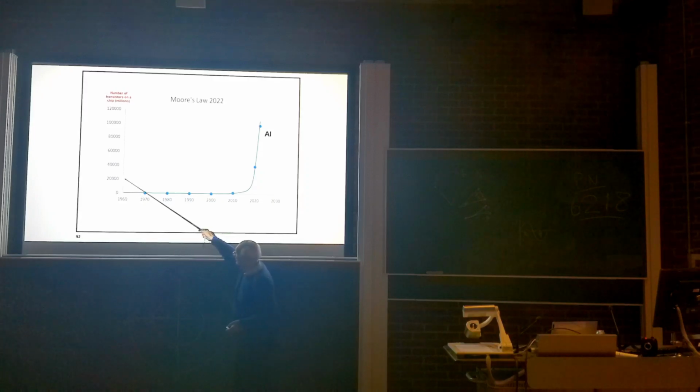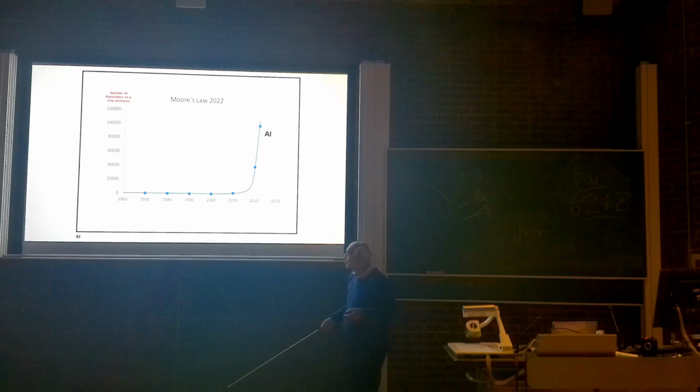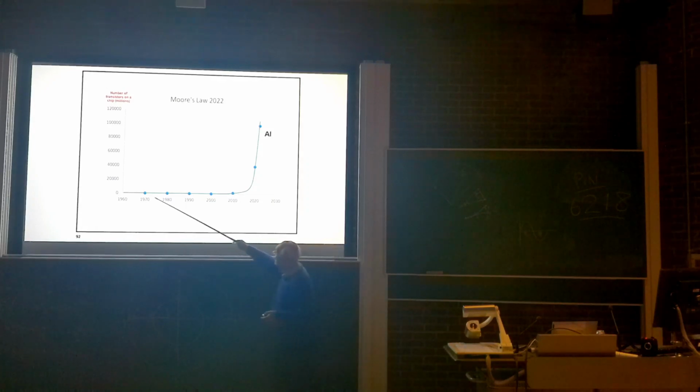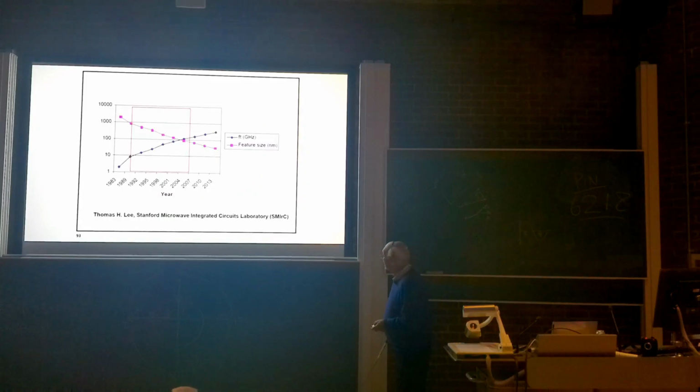That's 20,000. In the time when I was doing a little bit of chip design for frequency synthesizers, we were limited to 1 to 2,000 transistors on a chip. So it really has crept up, and it suddenly took off around about 2010. And AI, artificial intelligence, is really pushing that right up into the stratosphere, shall we say.